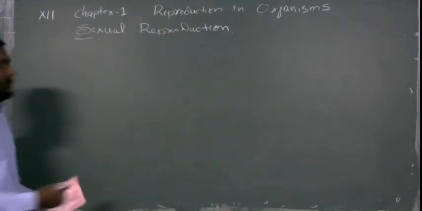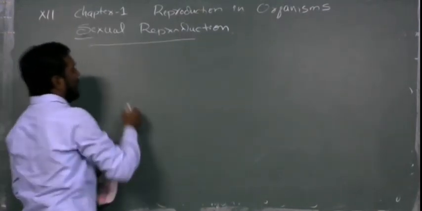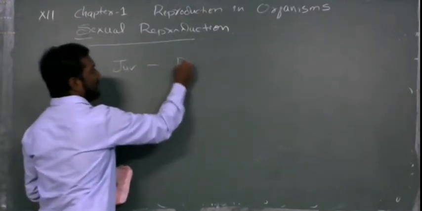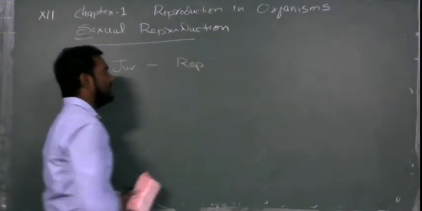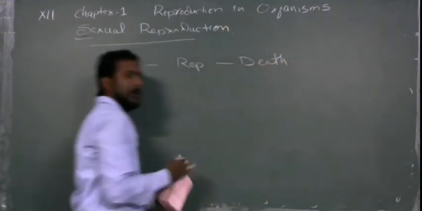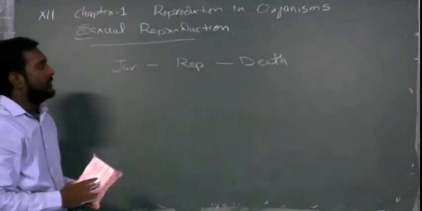Next, the events between the juvenile phase, the reproductive phase, and the death phase. What makes the organisms convert into different phases?